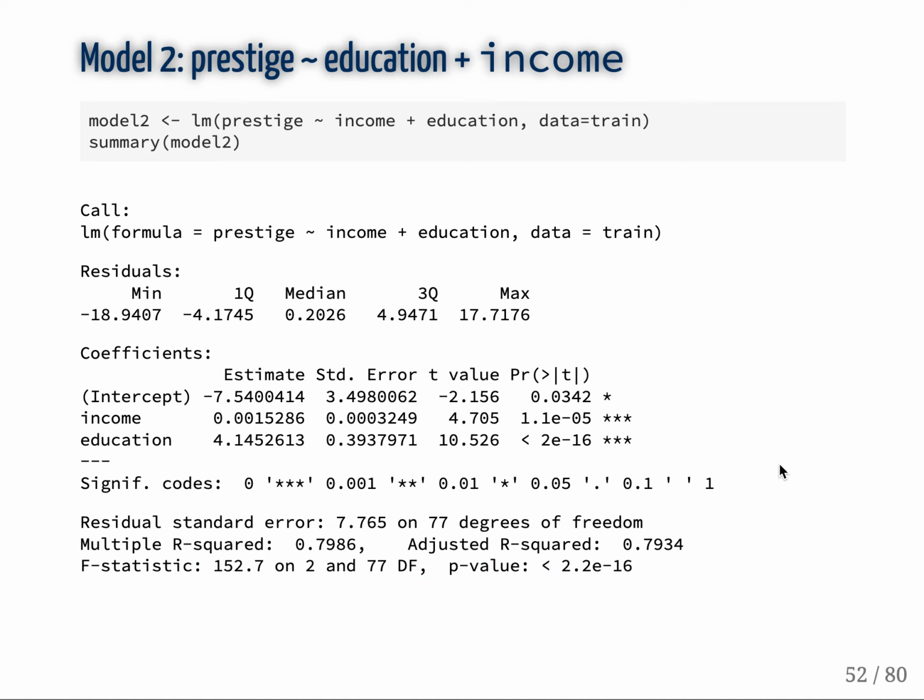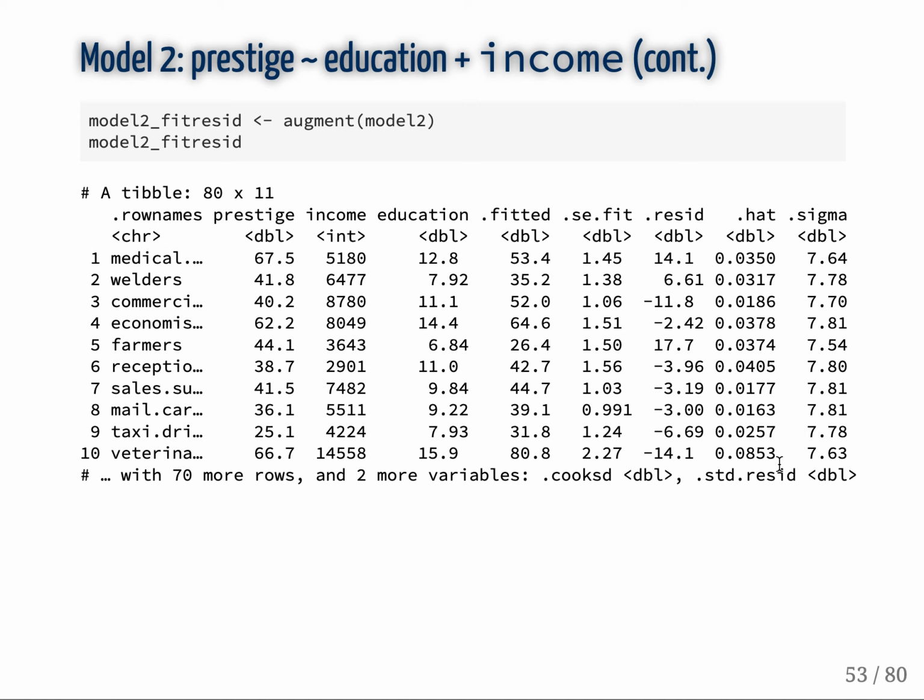Now let's do the residual analysis of this new model. For that, we need to calculate residuals and the fitted values. In order to calculate fitted values, residuals and the other observation-based values, we can use the augment function in the broom package.